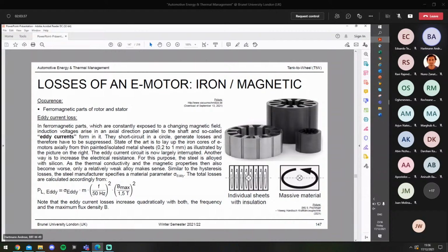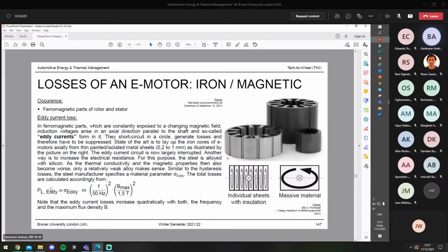This is why the stator as well as the rotor of e-motors are not made out of massive material, but individual sheets with insulation in between are used to avoid the occurrence of eddy currents, by isolating the different sheets from each other.